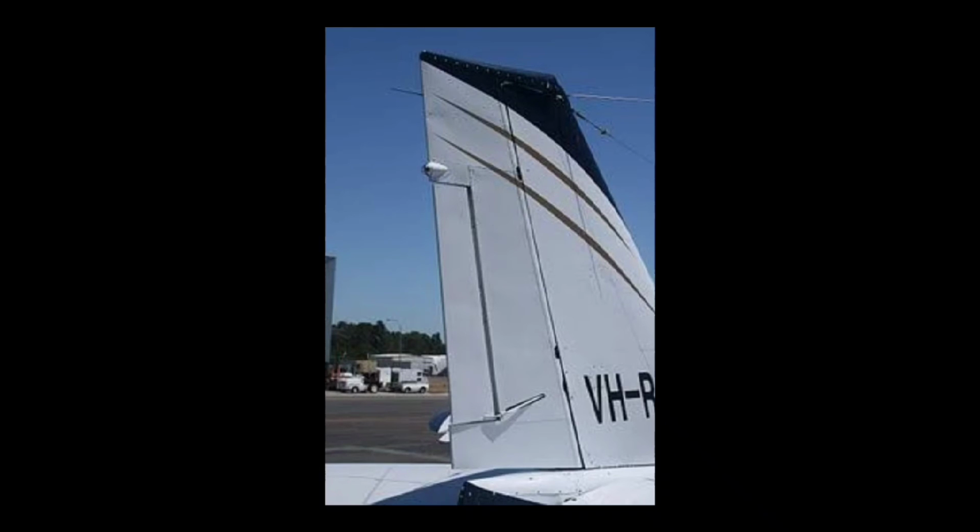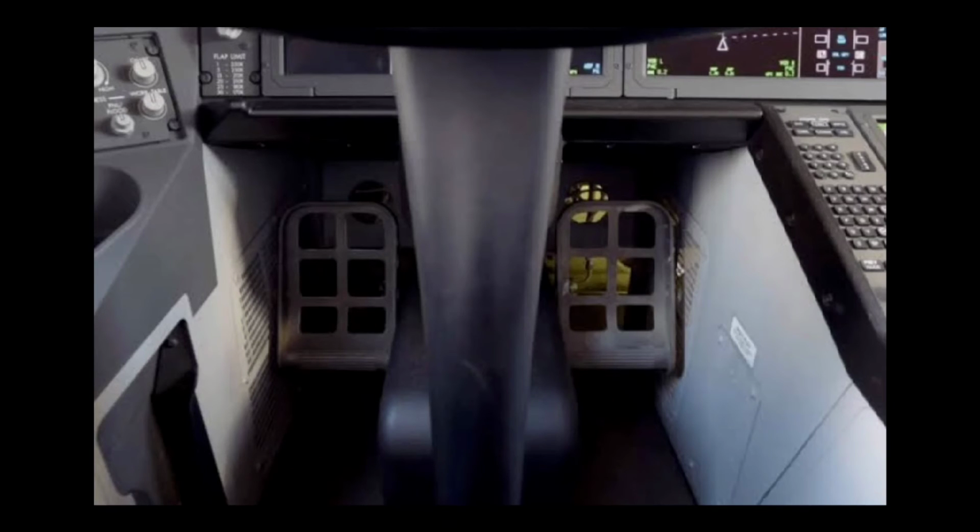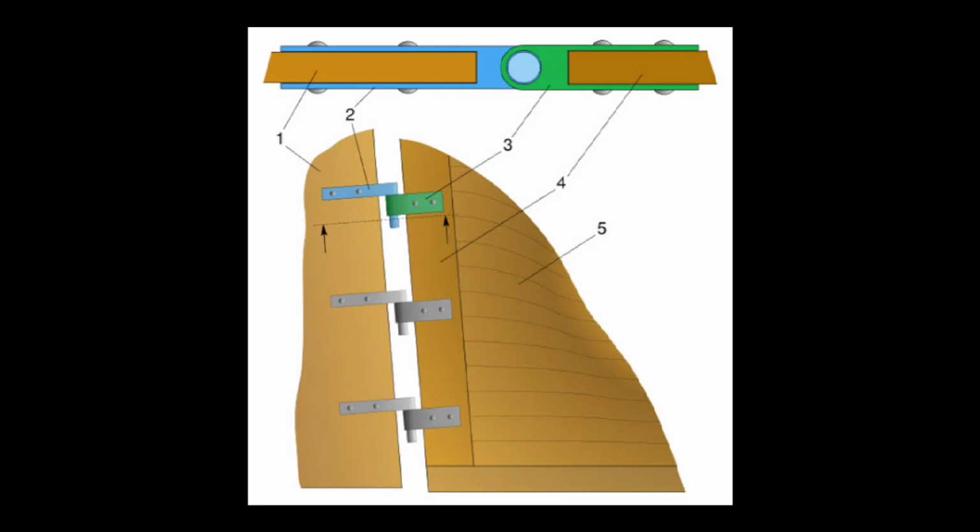The rudder makes up the rear portion of the vertical stabilizer or fin and is controlled by two pedals at the pilot's feet. When the pilot pushes the left pedal, the rudder moves to the left, while pressing the right pedal deflects the rudder to the right. The rudder works in the same way as ailerons and the elevators, in that it changes the airflow over the fin. Essentially, you can think of a fin as a vertical wing.